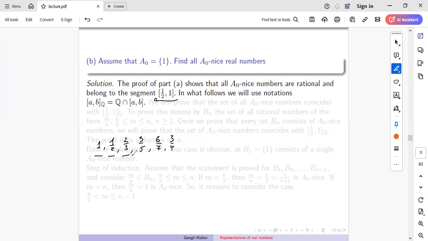If we consider numbers with the denominator 4, these are 1/2, which is 2/4, 3/4, and 4/4. So we obtained all these numbers.